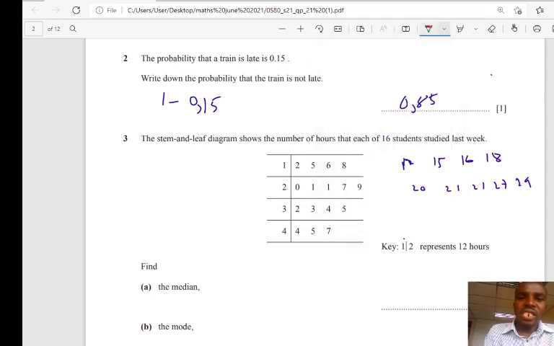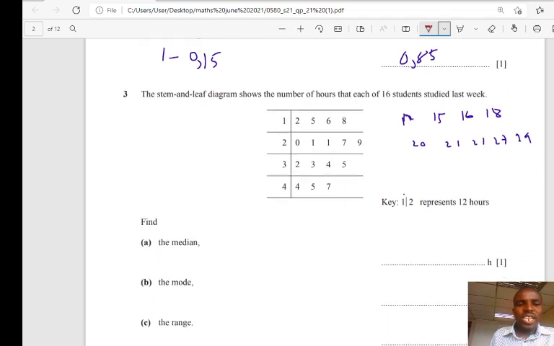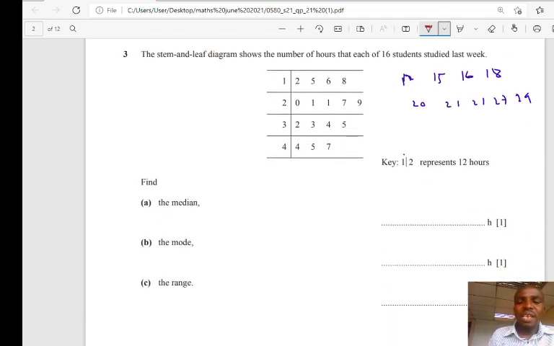Then after that, want to find the median. Median is the middle number, and this one is ungrouped data. To find the median based on ungrouped data, you find the location first, using n plus 1 over 2. That's the location of the median. N is the number of values. In this case, we have 16 things.